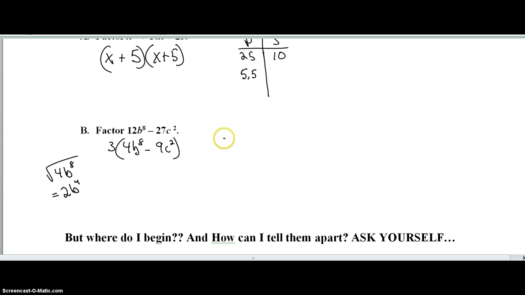Okay, and if I say the square root of 9c squared, or the square root of 9 is 3, and the square root of c squared is c.